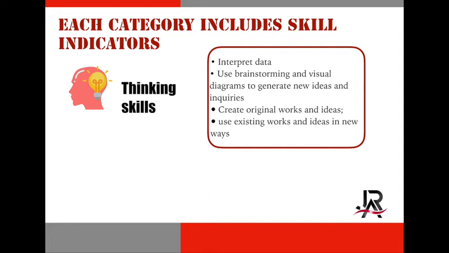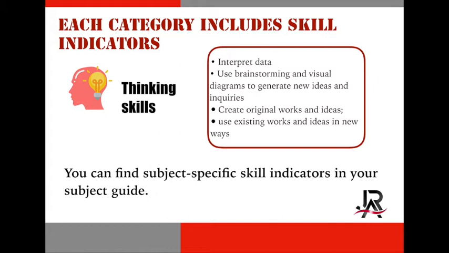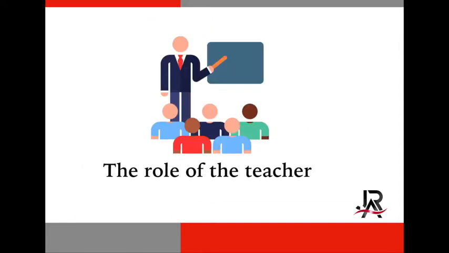For example, in thinking skills, we can find the following indicators: interpret data, use brainstorming and visual diagrams to generate new ideas and inquiries, create original works and ideas, and use existing works and ideas in new ways. You can find subject-specific skill indicators in your subject guide.